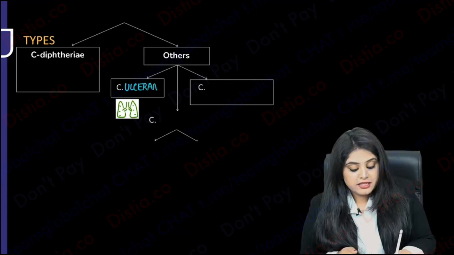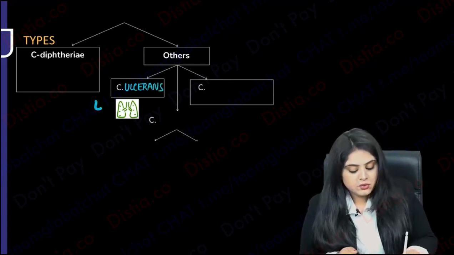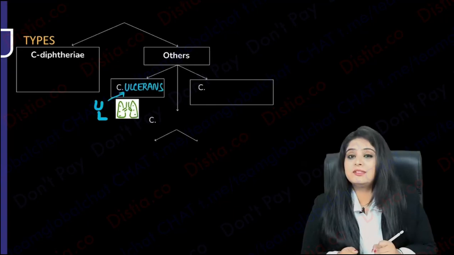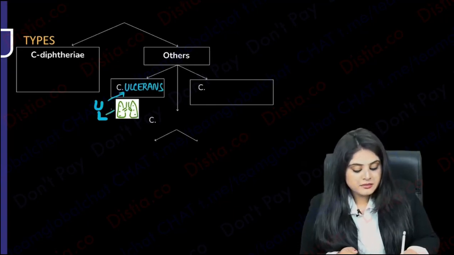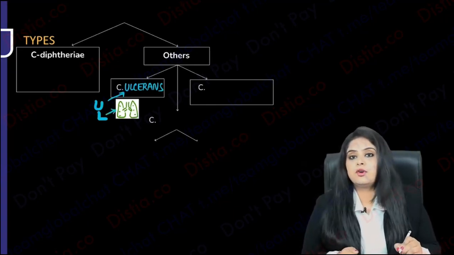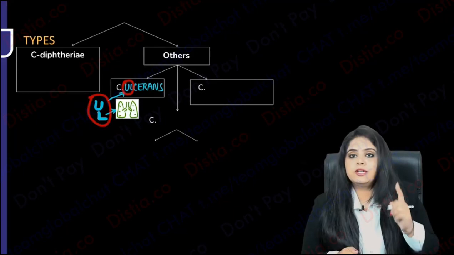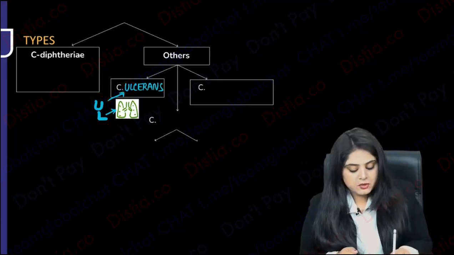Now there's a way of learning it. See, ulcerans, what does it tell you? If I write ulcerans, you get a U and you get an L. So the U tells me that the name of the organism is ulcerans, and L tells me that the involvement that you see is involvement of lungs. So simple, in ulcerans you pick up U and L, U for ulcerans, L for lung. The next name, Corynebacterium, look at what I'm writing over here, pseudotuberculosis.